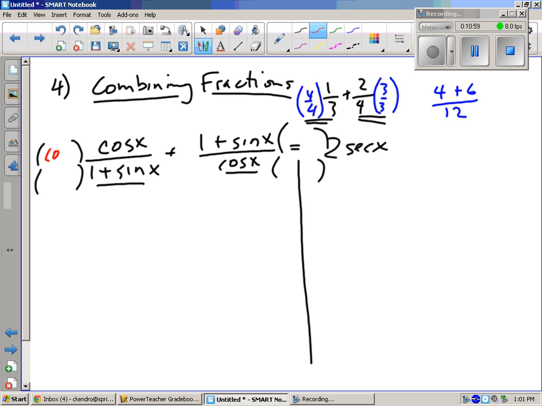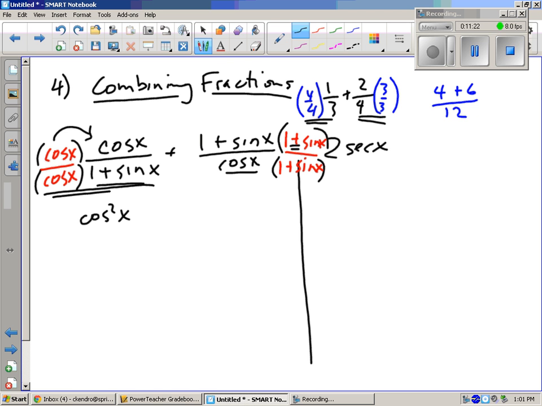So this is cosine over cosine. This is (1 plus sine) over (1 plus sine). Notice we're multiplying by forms of 1. Each of these, cosine over cosine, is really 1, so we're not changing the integrity of the problem. All right, so let's multiply. We get cosine squared.